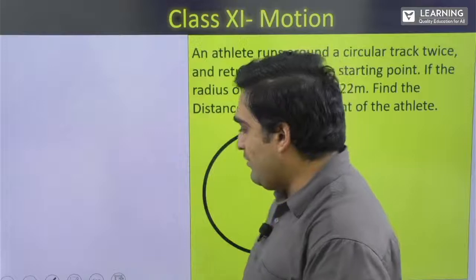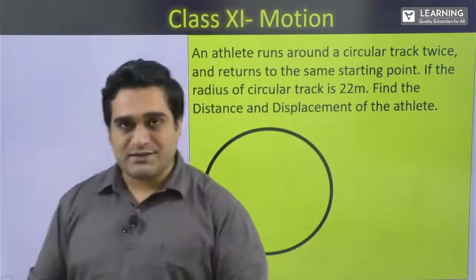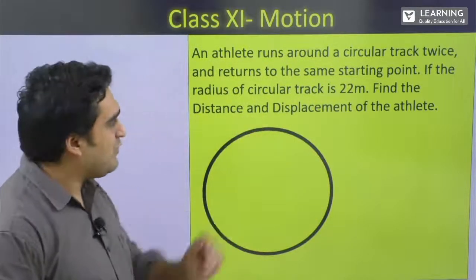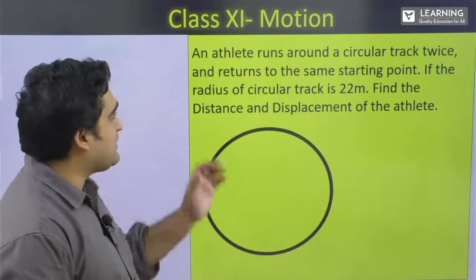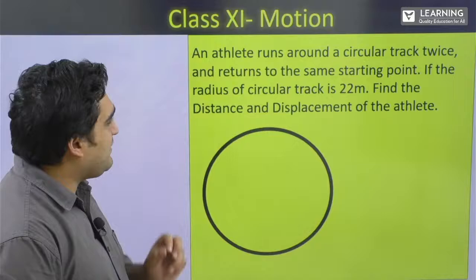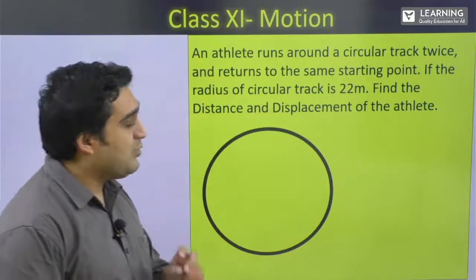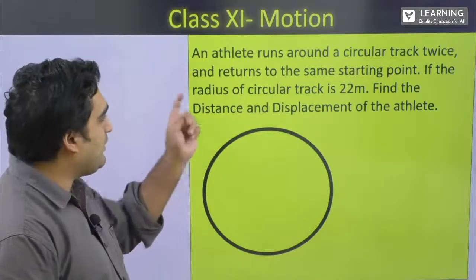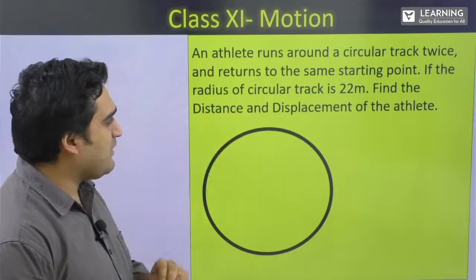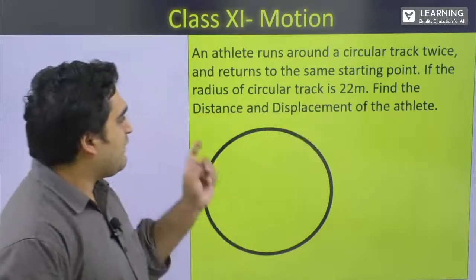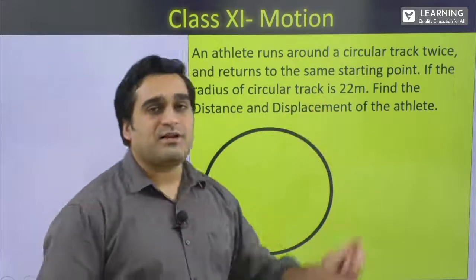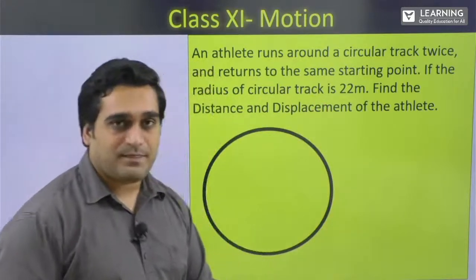Okay, now let's have a look at an example and try to solve the following. So go ahead, read it with me. It says, an athlete runs around the circular track twice and returns to the same starting point. If the radius of the track is 22 meters, find the distance and the displacement of the athlete.